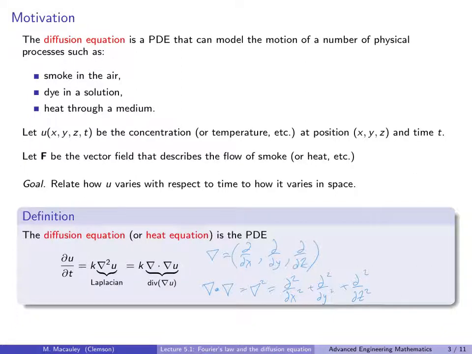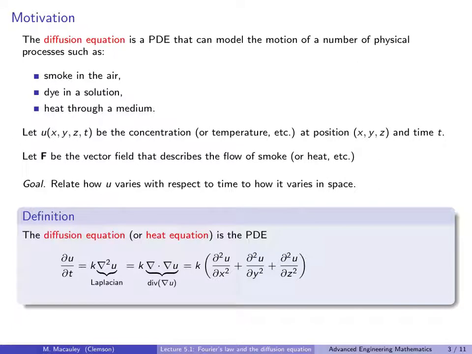And in general, if you recall from vector calculus, del dot f for some function f is just called the divergence of f. So this is equal to k times the sum of the second spatial derivatives of u. We'll usually write that as k times uxx plus uyy plus uzz.